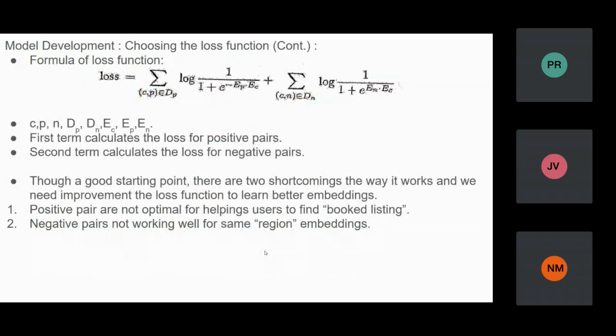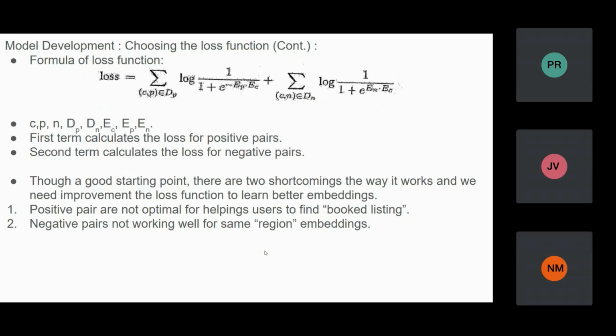So if I go back to the loss function, for the positive pair during the training, the embedding of the central listing is pushed closer to the embeddings in the context and not towards the embedding of the listing that is eventually booked. This results in embeddings that are good at predicting what a user will click next, but not what a user eventually booked, which is not the optimal path for helping our users discover a listing that leads to a booking.